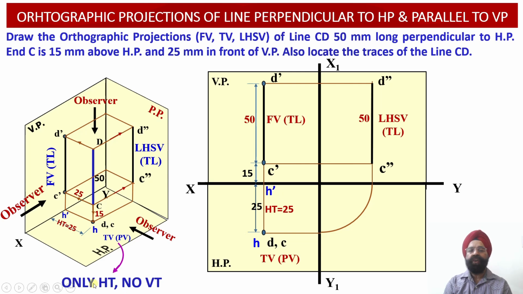So since this line is parallel to the vertical plane, it is not going to intersect with the vertical plane, so it won't have any vertical trace. And since this line is perpendicular to the horizontal plane, it will intersect with the horizontal plane, and this point of intersection has provided us with the location of the horizontal trace of this particular line.